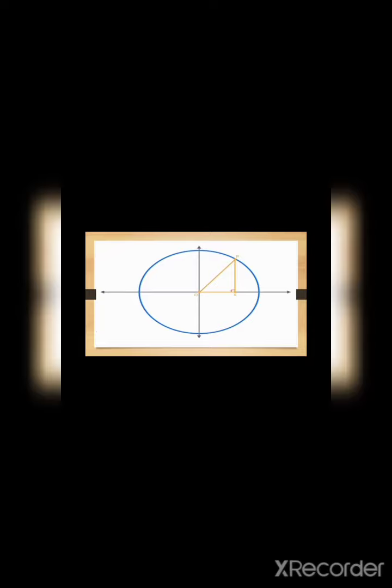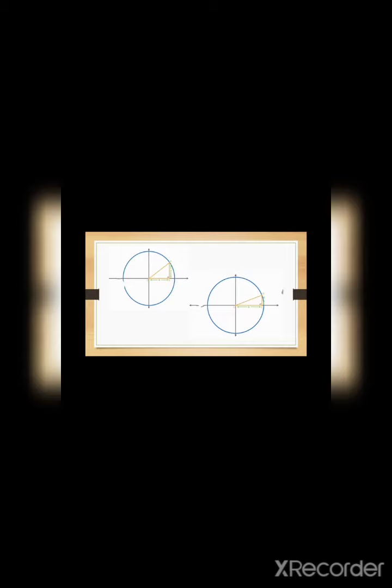And this line changes, as we can see, when we move this point around and change this angle theta in our triangle. To calculate the line lengths, they came up with the trigonometric ratios.